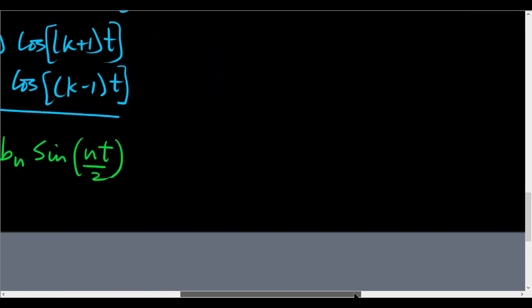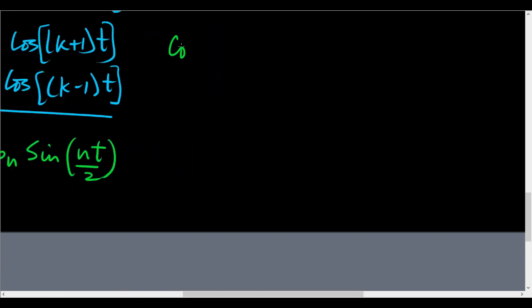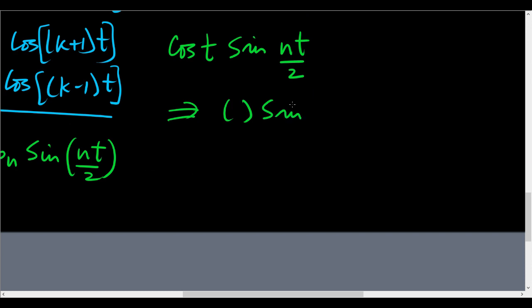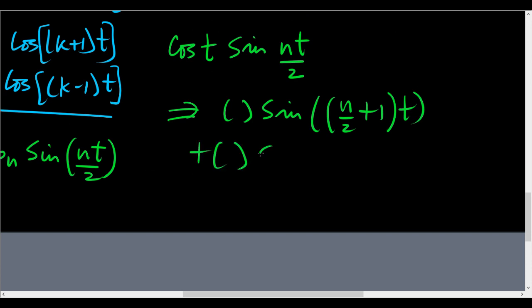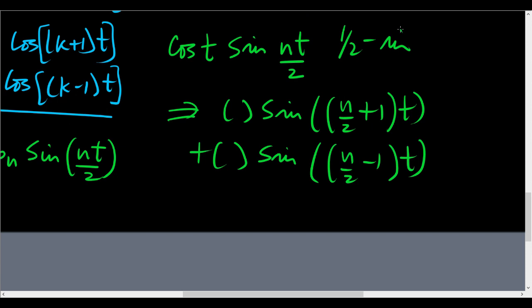And here also something very interesting happens, because when we do the harmonic balance, when we do cos t sine nt by 2, we get something times sine (n by 2 plus 1) t plus sine (n by 2 minus 1) t. Okay, so the half integers remain half integers.